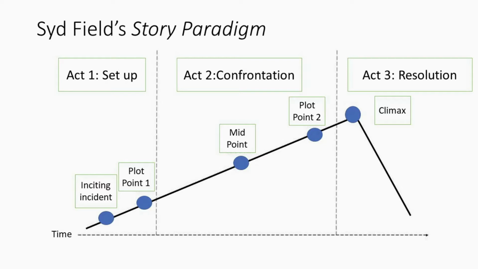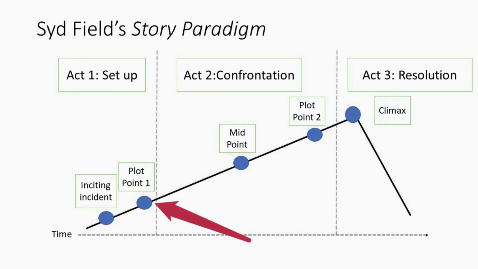So this is made up of 3 acts. Act 1 is the setup, Act 2 is the confrontation, and Act 3 is the resolution. So that is similar to the exposition, the rising action, and the falling action in Gustav Freytag's pyramid. You have an inciting incident in the same way as you do in Gustav Freytag's pyramid.